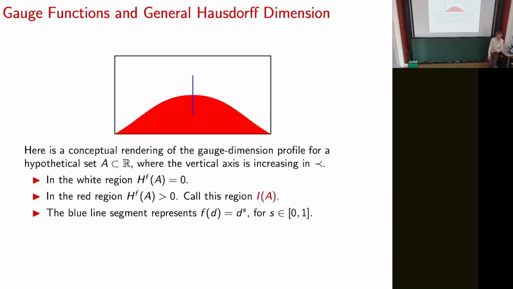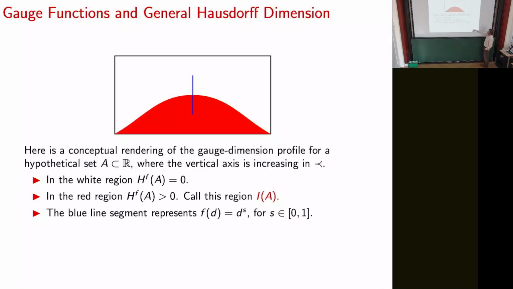Okay, so here's a highly conceptual picture. There's no axes here. The white part is the gauge functions of higher order, and the red part is the gauge functions of lower order. Red means that the set looks like positive measure, and white means that it looks like it's null.